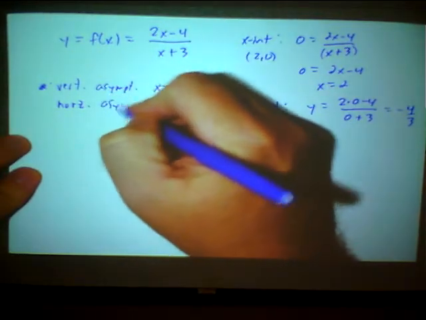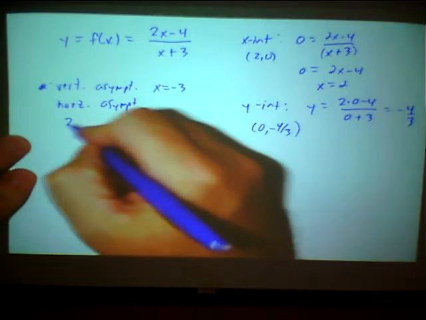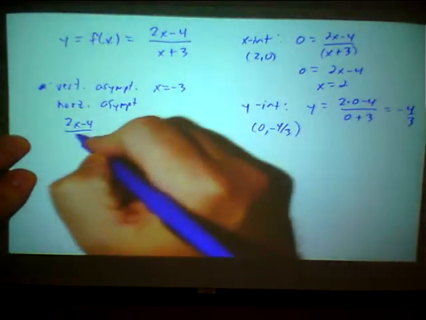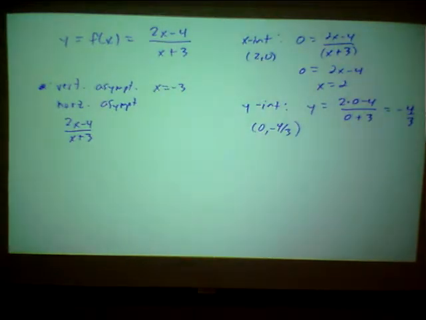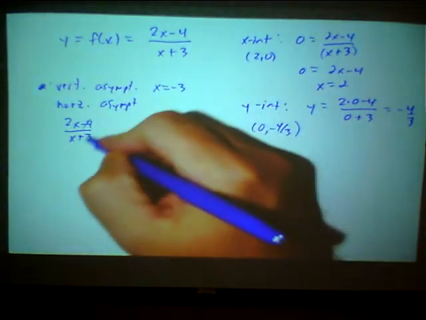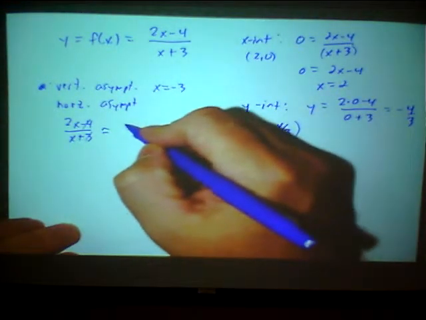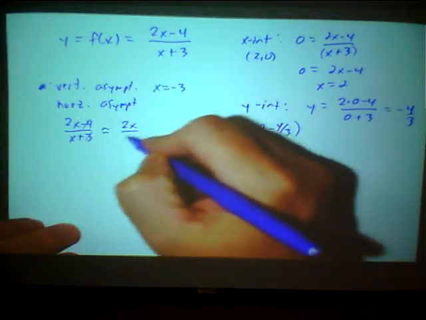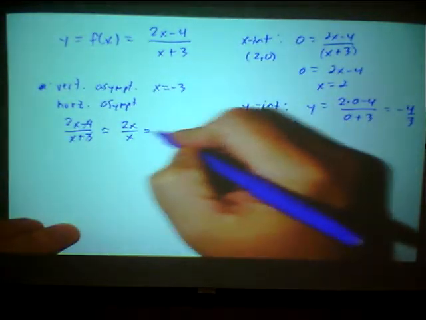Now my horizontal asymptote, once again, in the top and the bottom, I throw out everything but the leading term. So I eliminate the minus 4 and the 3, which means I end up with 2x over x, and the x's cancel out.